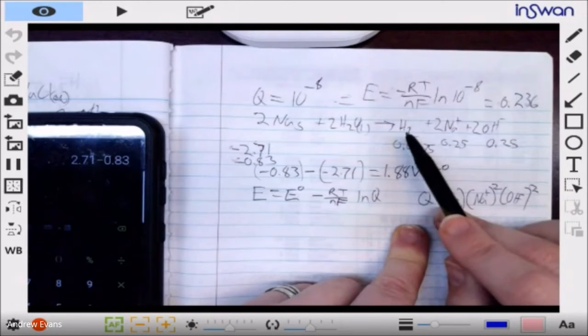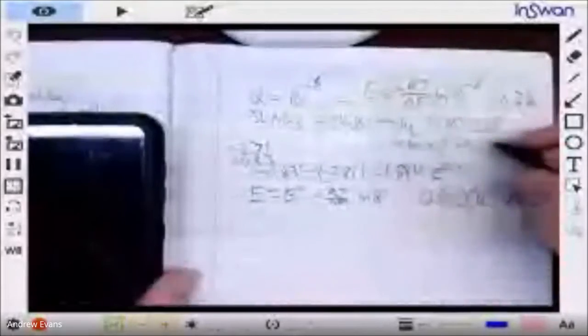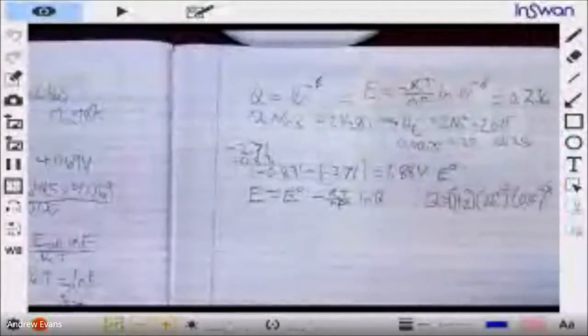We don't include sodium solid, and we don't include water liquid. We ignore those entirely. So we have to find Q.